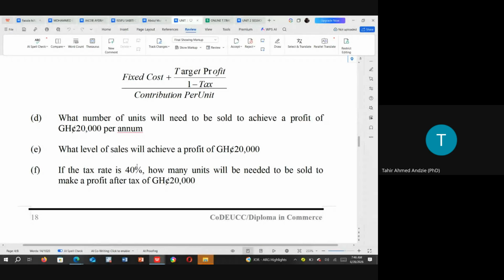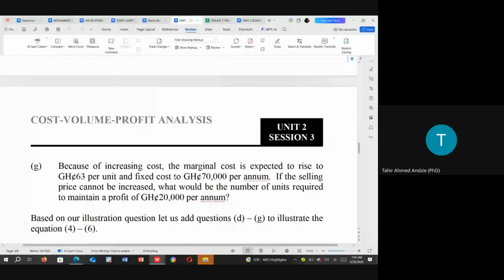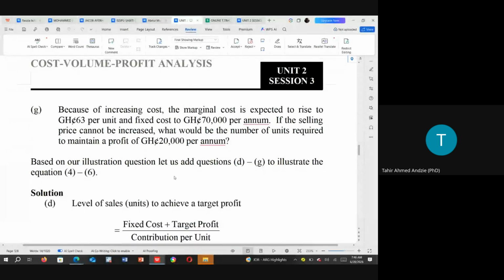But here the target profit is grossed up. So it's a fixed cost plus target profit all over 1 minus the tax rate, right? All over contribution per unit. And so you can also calculate that one in units or in value, right? So now let's look at what the solution will be.